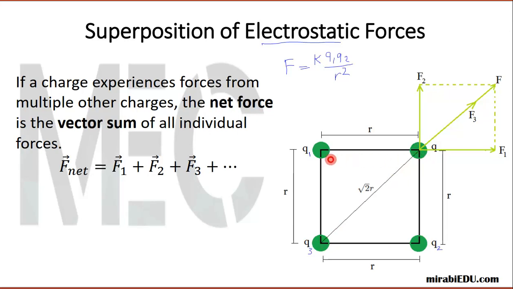First, we concentrate on Q1 and neglect these two charges. So what is the force applied to test charge Q if there is only charge Q1 around it? If they are the same sign, the force F1 is a repulsion force.